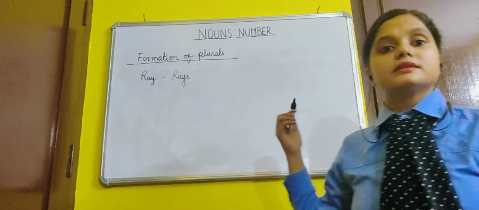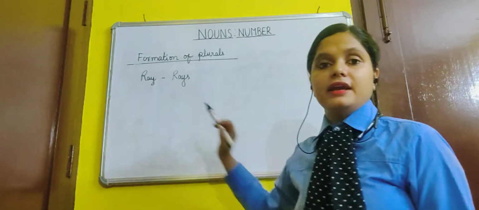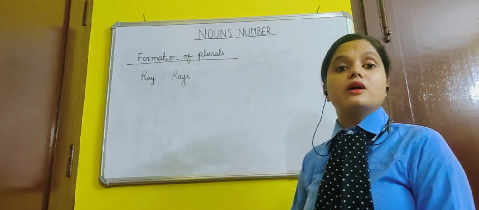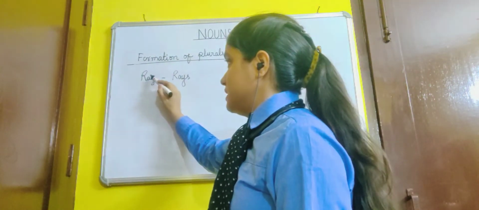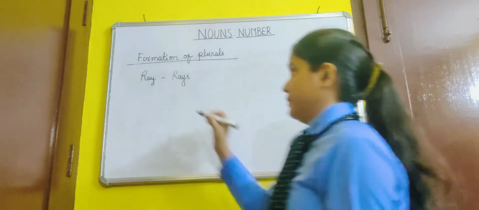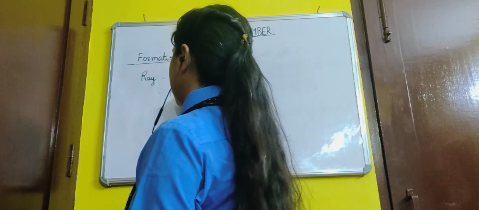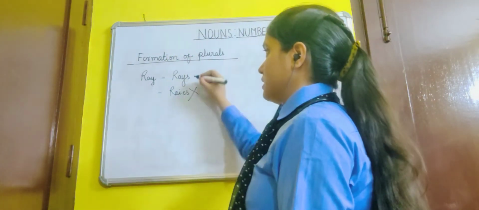Because it didn't follow all the conditions. If the word ends with y, it should be preceded by a consonant. But here you can see that it is preceded by a vowel, so we will not make it rayes. No, that will be wrong.